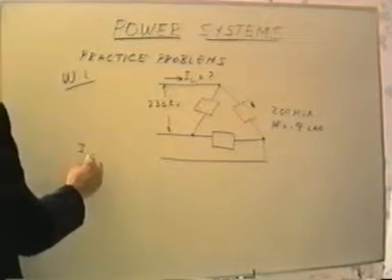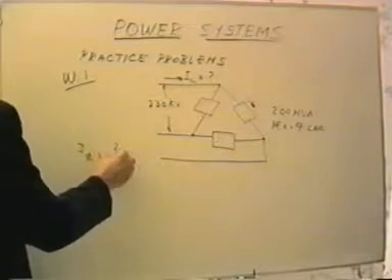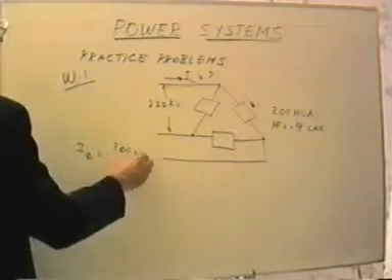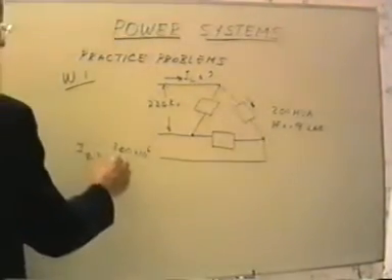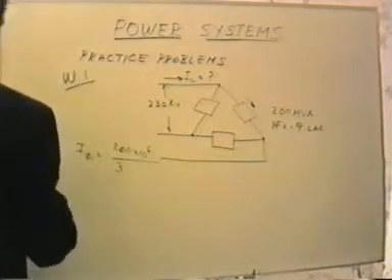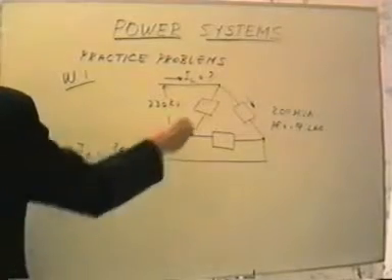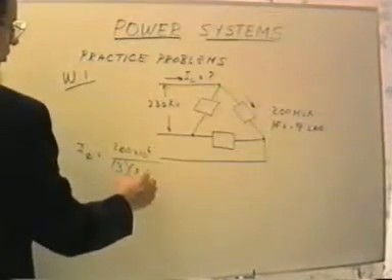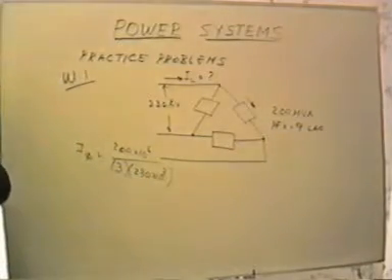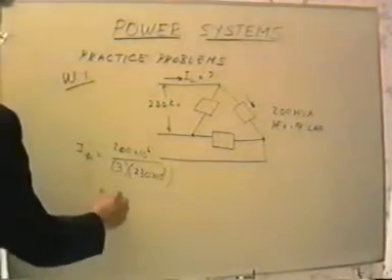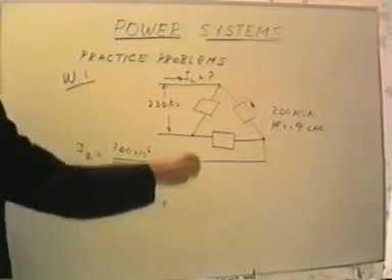And the current in a phase would be obtained by taking the total megavolt amperes, that's 200 times 10 to the 6 volt amperes, and we will divide this by 3 because there are 3 phases, and then I will divide that by the voltage across each one of these loads, which is 230 times 10 to the third, and this gives me a current of 289.9 amps. But now that's the phase current.